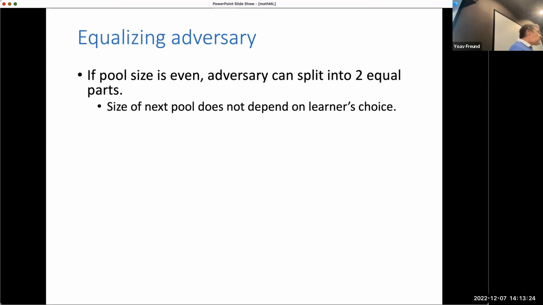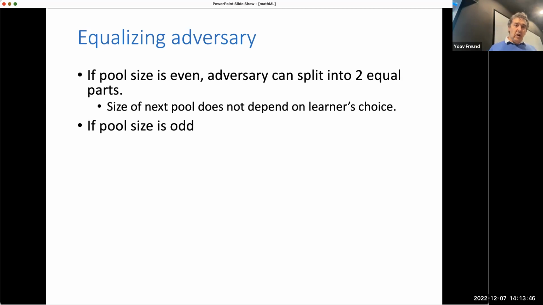And then you have this nice thing where the next configuration doesn't depend on what the learner chose, right? Because it's completely symmetric. So the learner can choose 1, they can choose 0. If it makes a mistake, it'll half it, and so it really doesn't matter what the learner does.